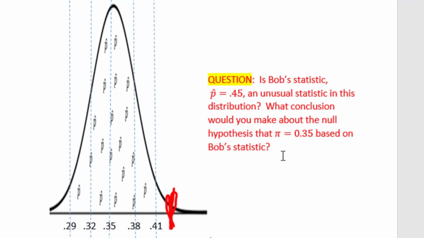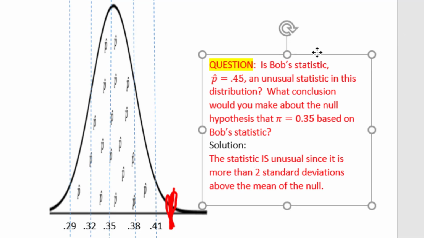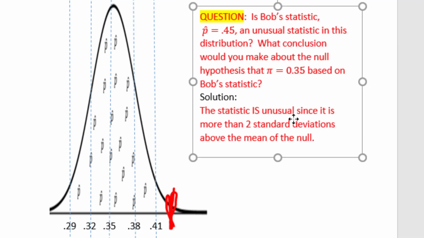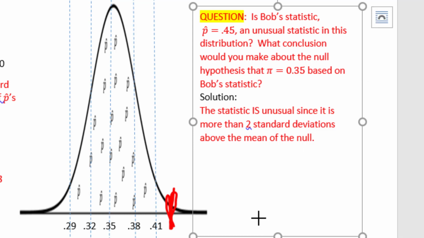It's going to have a z-score that is bigger than 2. So I say this time that the statistic is unusual because it's more than 2 standard deviations above the mean of the null. That happened because when we increased the sample size, it made the distribution of sample statistics narrower.